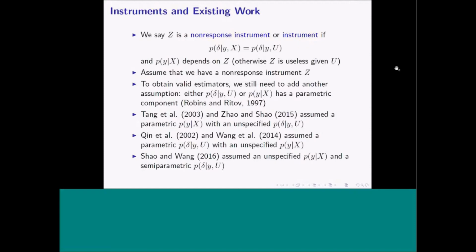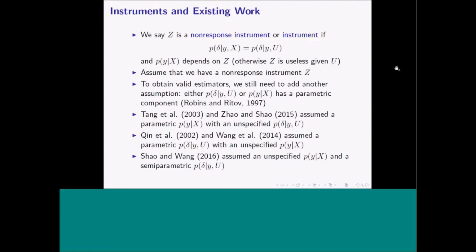I will also address this direction later. The other direction is from 2002 by Qin et al., and that one is totally reversed. This direction assumes that the propensity is parametric, and the conditional density of Y given X is unspecified.